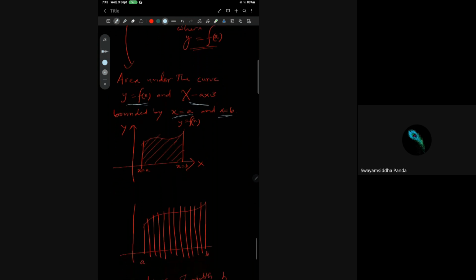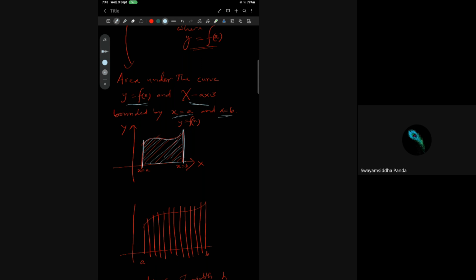So then if we plot it on a graph, if this is my y is equal to f of x, this will be the area which I will be calculating, bounded by x equal to a, x equal to b, the curve and the x axis.